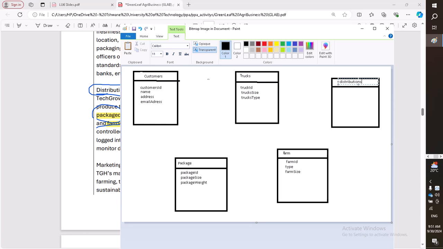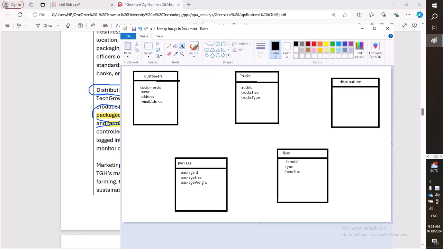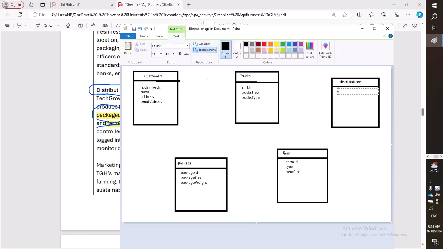In the distribution, I'm looking at the ID and the distribution type, and also how they are going to distribute the store.